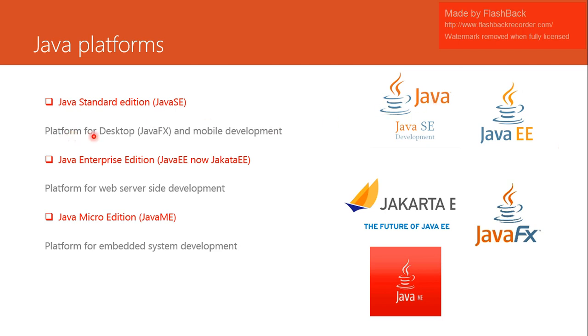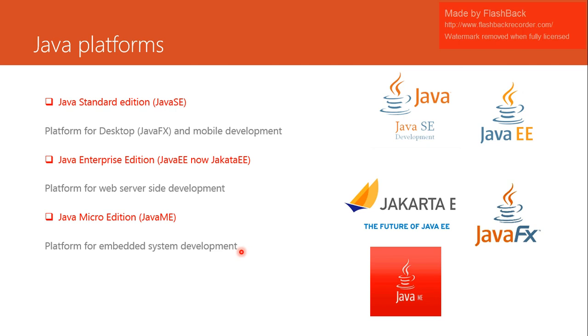Java SE is a platform for desktop application and mobile application development, and the latest mobile application API is JavaFX. Now let's move to Java Enterprise Edition. It was formerly known as Java EE and now Jakarta EE. The earlier name was J2EE. It's a platform for web server side development, and Java Micro Edition is the platform for embedded system development.